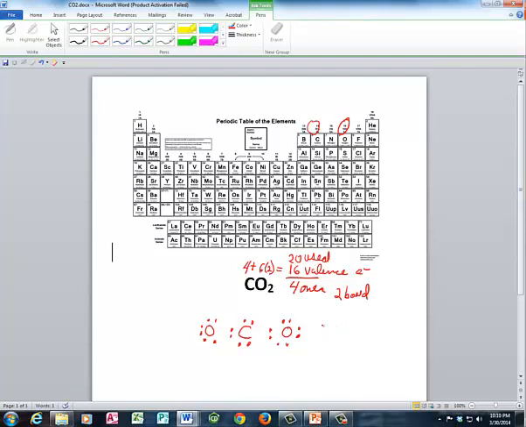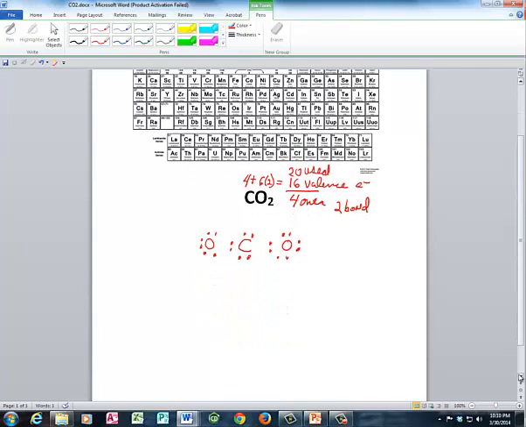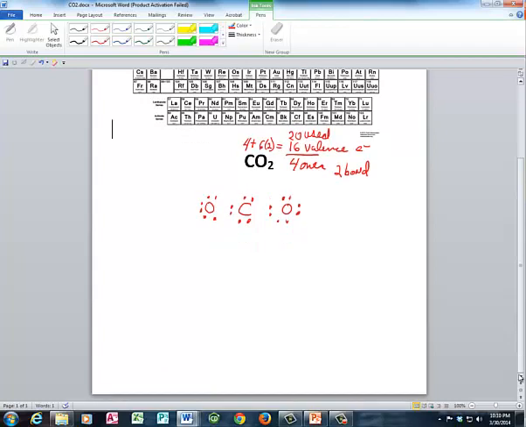All right, so I'm going to do what seems logical under the circumstances. Let me move this a little bit so I get more room to draw. I'm going to redraw the structure, but first I'm going to make a double bond by taking a pair of electrons from carbon, a pair of electrons from oxygen on this side, and replacing them with 2 electrons in between the oxygen and the carbon.